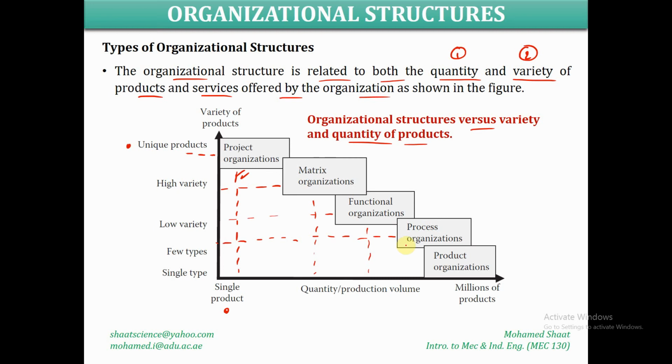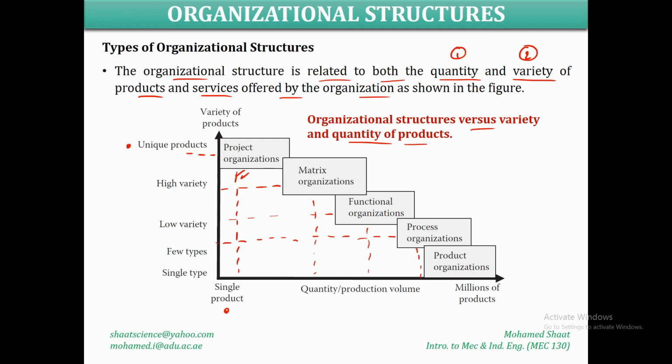What is common between all of these products is the process. The way of making them is common. So in that case, we can design this organization to be a process organization, and it has the ability, as I said, to make the same products or a specific amount of a specific product, and the variety between them is very limited, and what is common between them is the process itself.